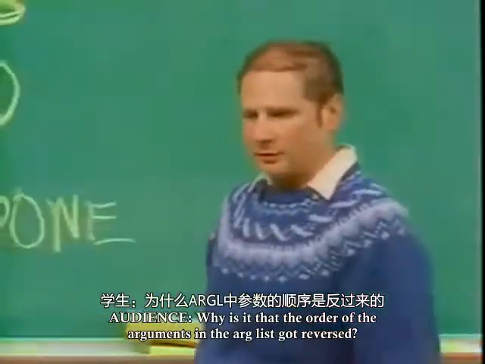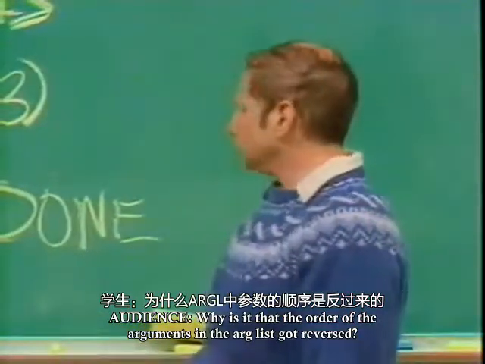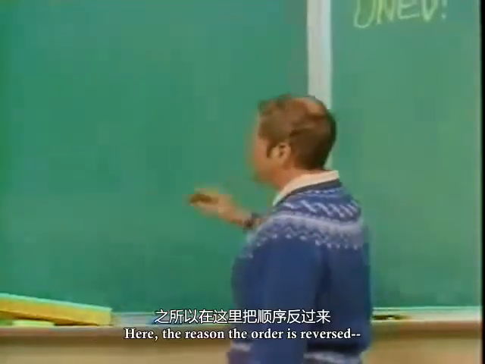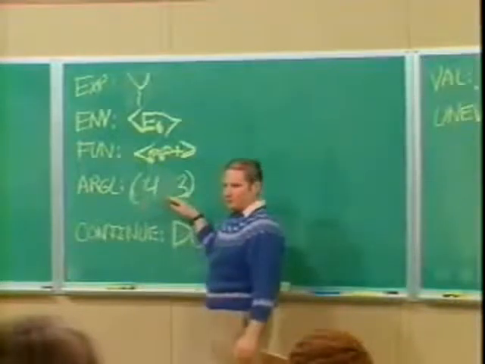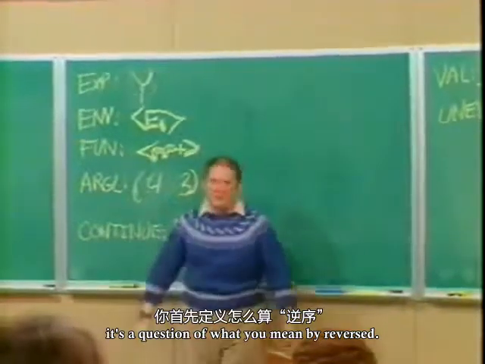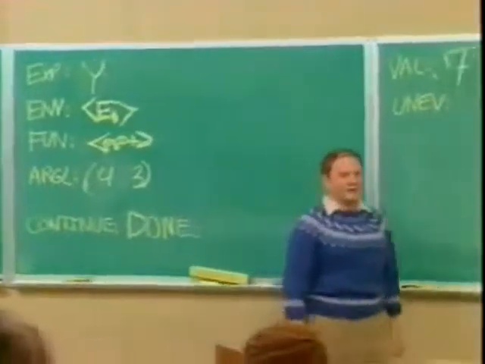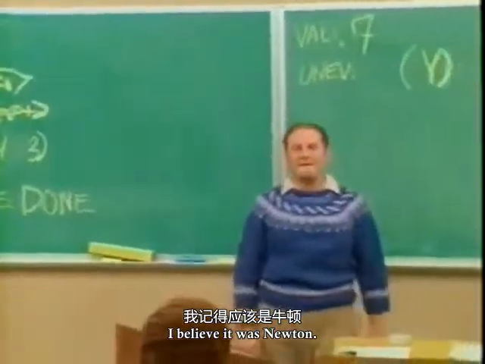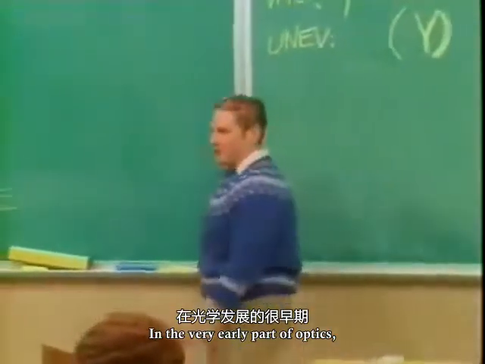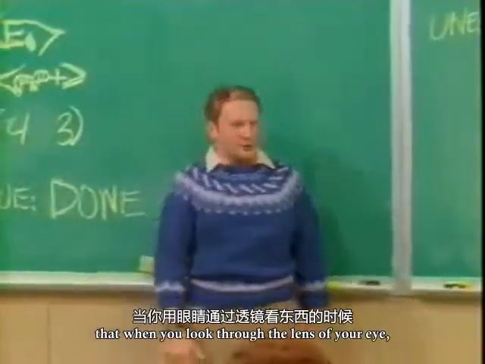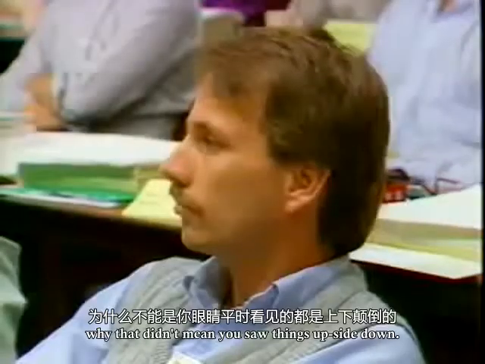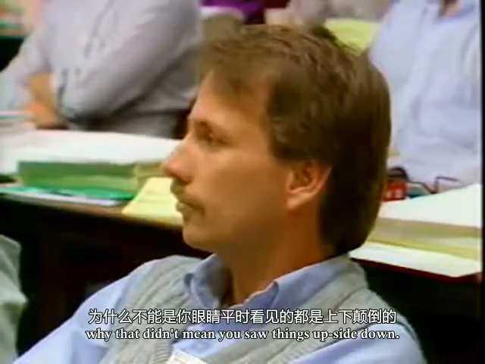Why is it that the order of the arguments in the arg list got reversed? Yes, I should have mentioned that. It's a question of what you mean by reversed. I believe it was Newton, in the very early part of optics, people realized that when you looked through the lens of your eye, the image was upside down, and there was a lot of argument about why that didn't mean you saw things upside down.